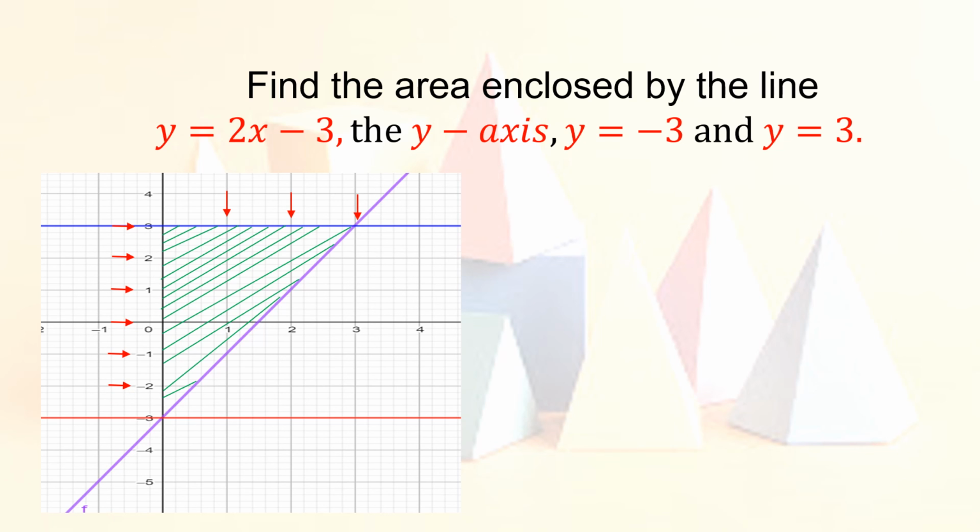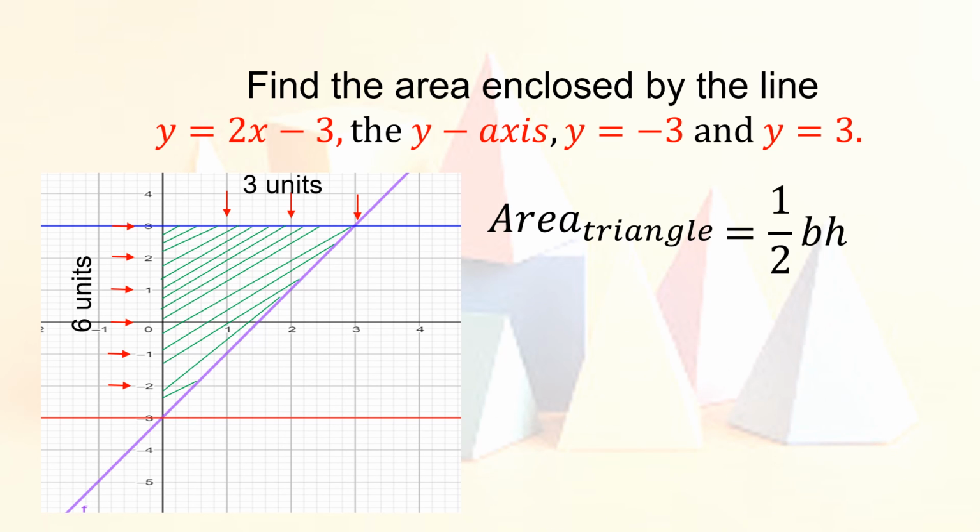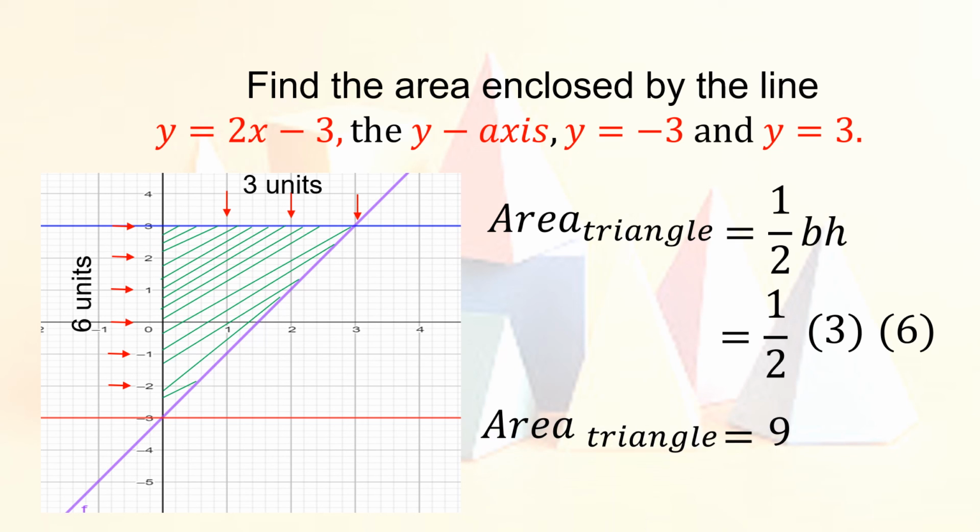So from here, we will just use the area of a triangle. So we have 3 units for the base and 6 units for the height. So the area of the triangle is equal to 1/2 base times height. So substituting your base, which is 3, and your height, which is 6. So 3 times 6 is 18 times 1/2 or divided by 2, it is equal to 9. So the area of the triangle is equal to 9 square units.